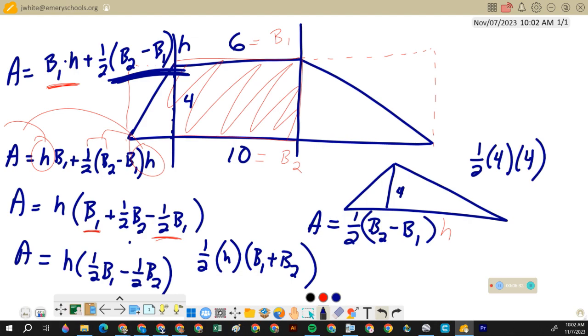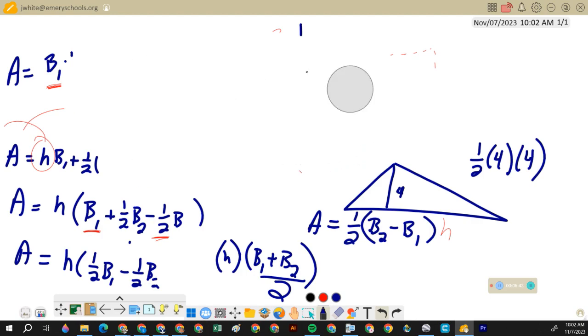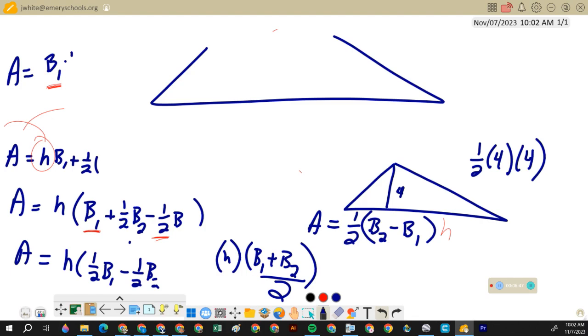Okay, so if I moved this 1/2 underneath here, the formula will make more sense. So let's redraw this, and then I can show you what it means. Okay. So we have a B2 and we have a B1.